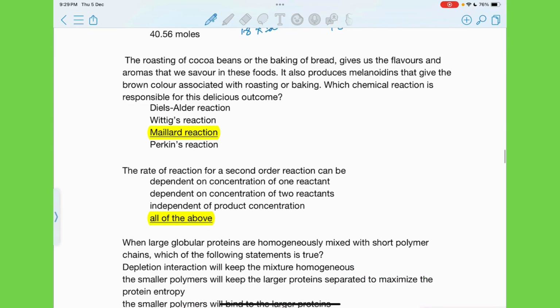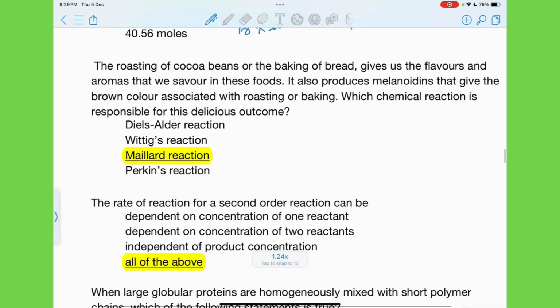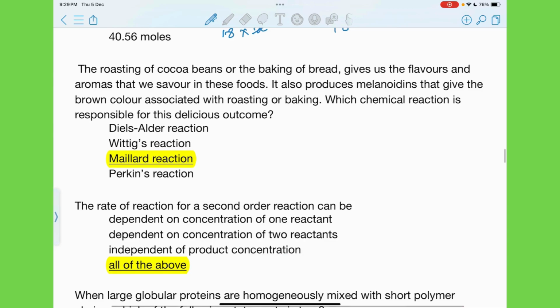Let's get to next question. The roasting of cocoa beans or the baking of bread gives us the flavors and aromas that we savor in these foods. It also produces melanoidins that give the brown color associated with roasting or baking. Which chemical reaction is responsible for this delicious outcome? So the answer is Maillard reaction. I'll explain how.